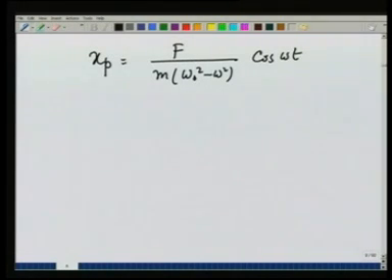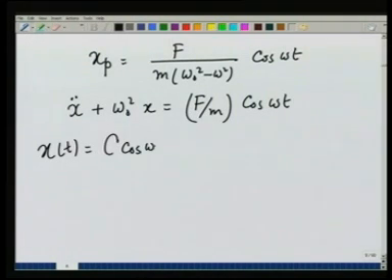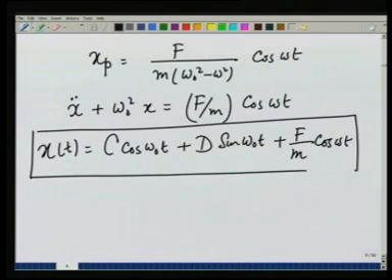And the complete solution of this equation x double dot plus omega 0 square x is equal to F over m cosine of omega t is x(t) is equal to c cosine of omega 0 t plus d sine of omega 0 t plus F over m times omega 0 square minus omega square, times cosine of omega t. I have given you the full solution of a free oscillator subjected to an oscillating force. Coefficients c and d obviously depend on the initial conditions.